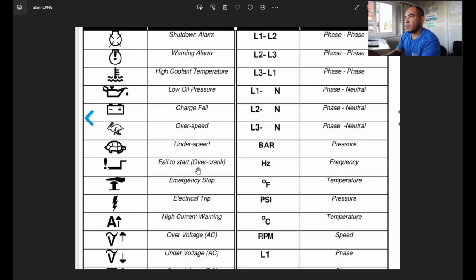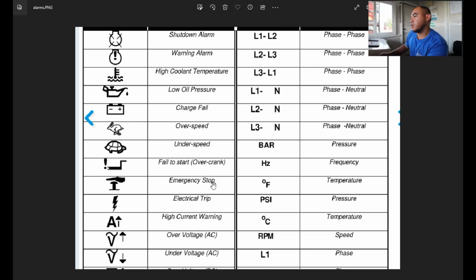So these are the things you have to look at if you have this fail to start, because in case the battery is low, it will not crank. It's just only like krrr, you know, that sound. So I think that is enough for fail to start.